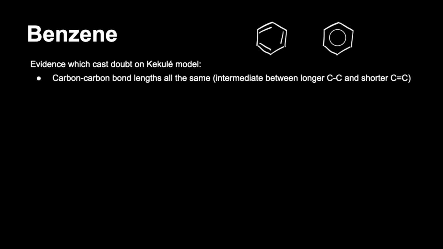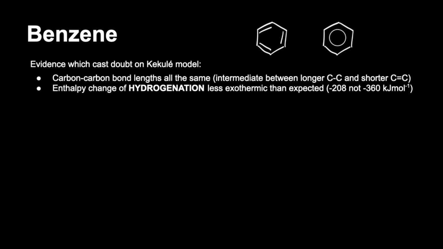The first bit of evidence is the carbon-carbon bond lengths. They were found to be all the same, and intermediate between the slightly longer carbon-carbon single and the slightly shorter carbon-carbon double bonds. The second bit of evidence is all about the enthalpy change of hydrogenation. Just be careful you don't say hydration, it's hydrogenation. That was found to be less exothermic than expected.